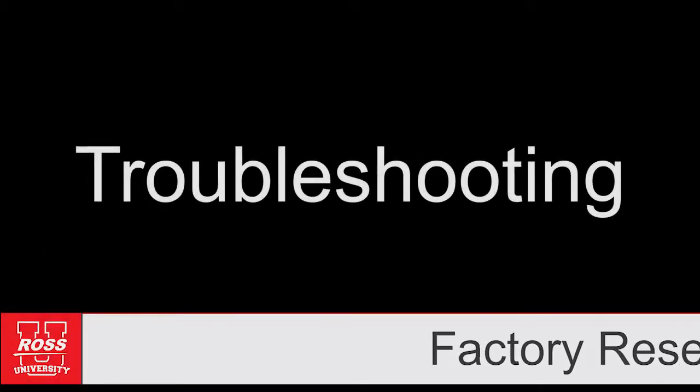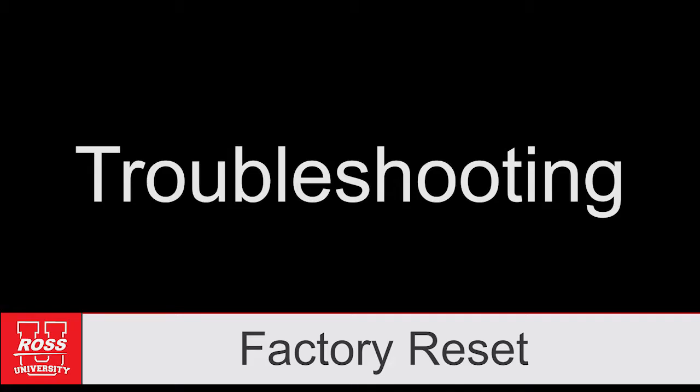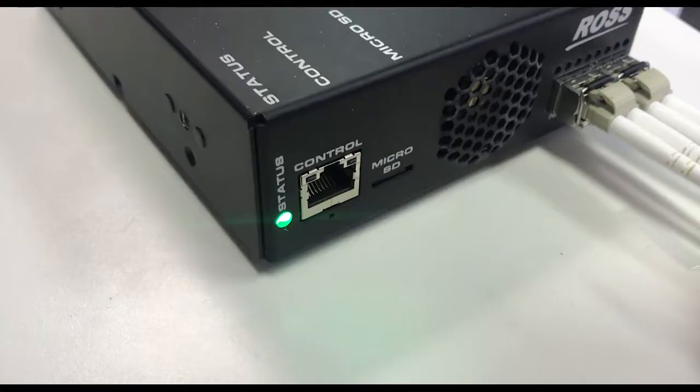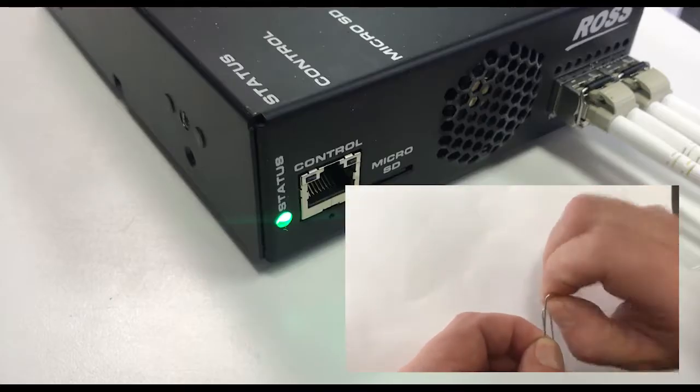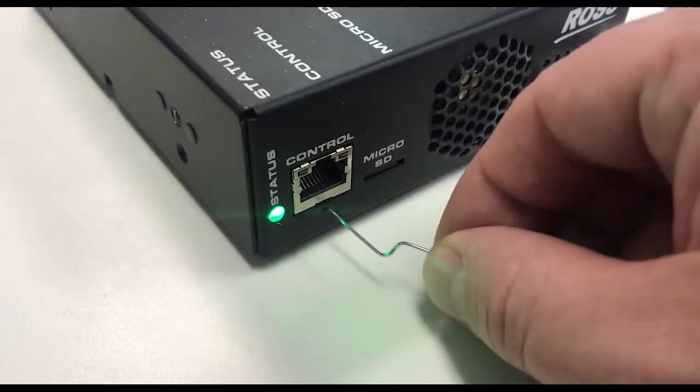Troubleshooting: factory reset. You can perform a factory reset on your device if you need to reset the IP configuration to its default settings. Resetting your device will erase all previously configured settings, so it should only be performed as a last resort. To trigger a factory reset, your device must be running normally such that the status LED is green.